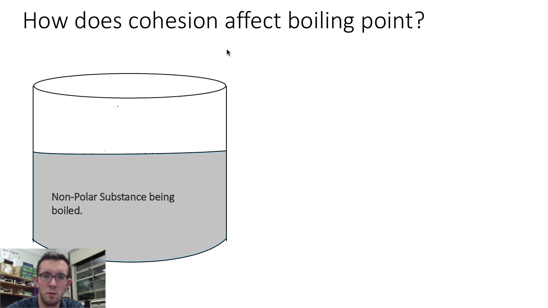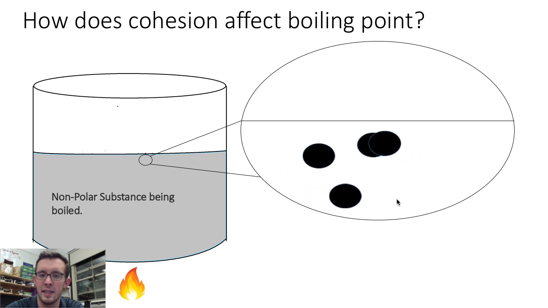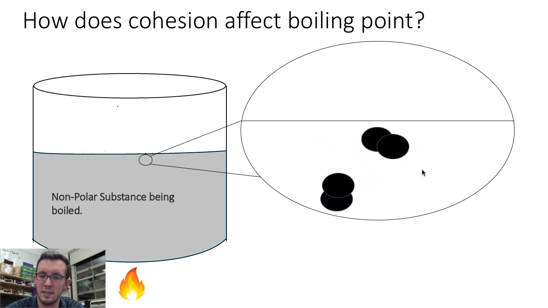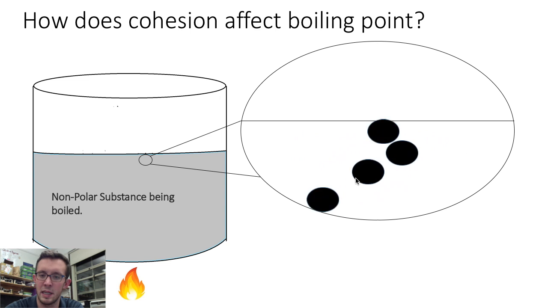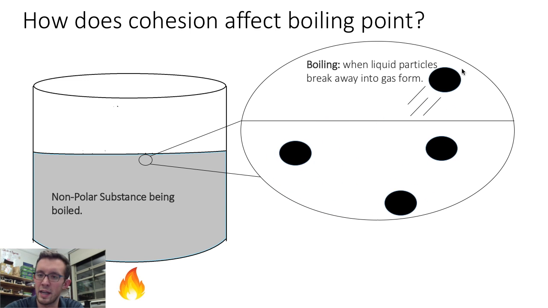Now, cohesion also will affect the boiling point of water. Because normally in nonpolar substances, when you add heat to a nonpolar substance, the molecules within that liquid substance will speed up until they get enough energy to break into the gas phase. And we've shown that here. That's when boiling occurs.